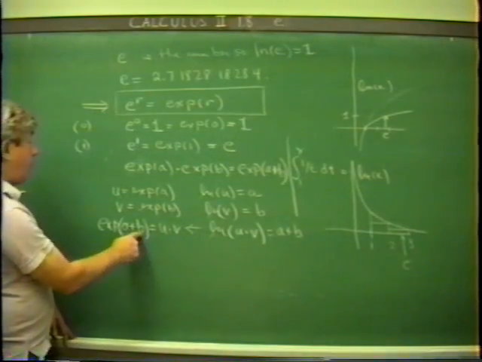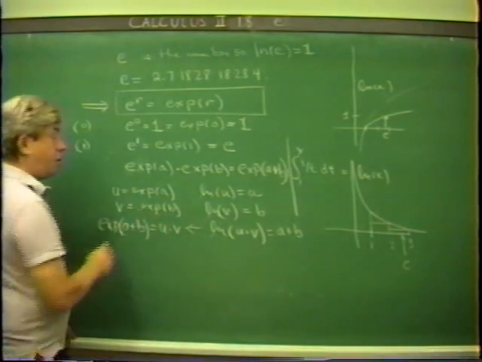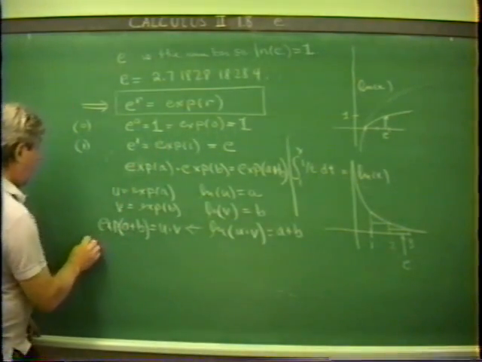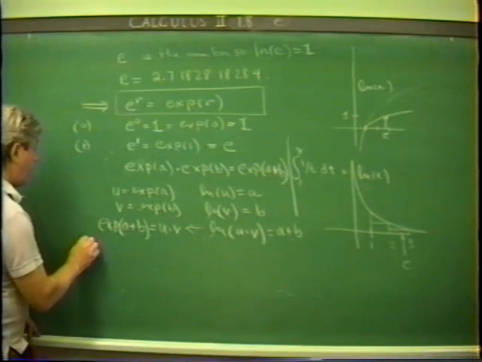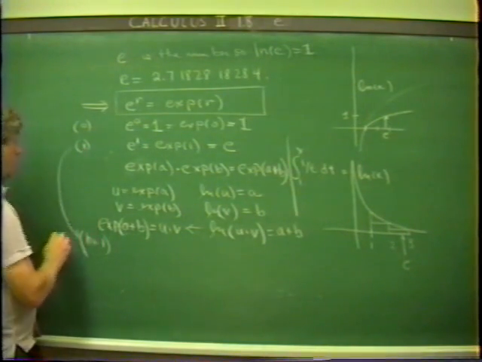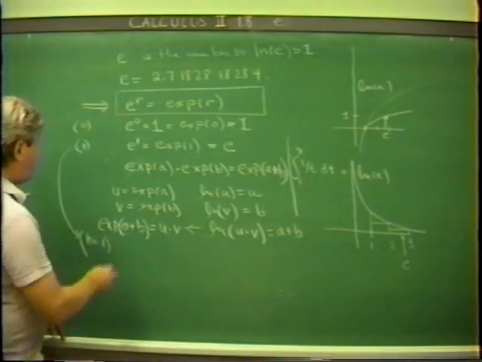Going backwards here, the logarithm of u times v is a plus b, so exponent of a plus b is u times v. That's to say, the exponent of a plus b is exponent of a times exponent of b. So this behaves like an exponent. Right? Having that, we can then get that this is true for n plus 1 when it's true for n.